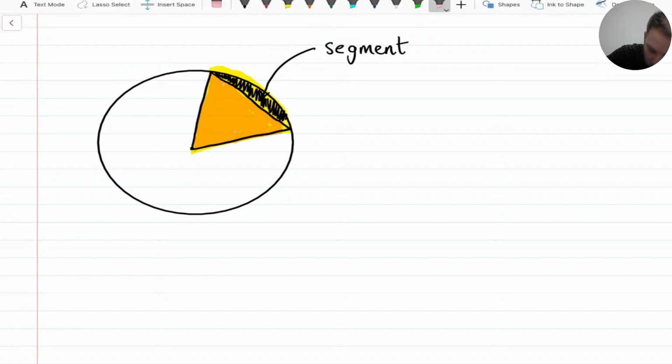Now don't forget, we're usually given what this angle is here. It's called theta. And these two sides here, because they're coming from the center, these are both radius or radii.